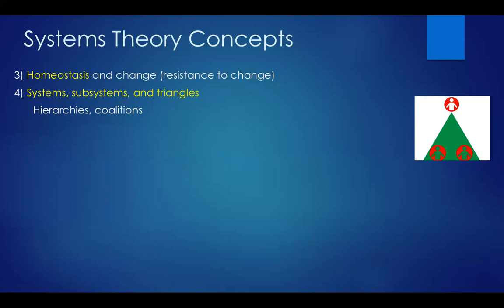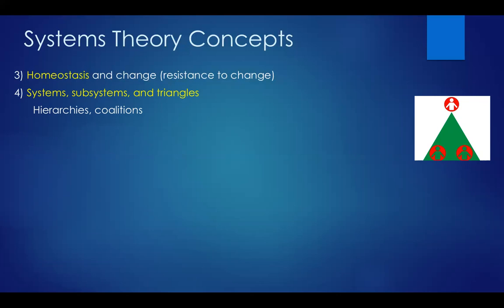But other subsystems can develop too, by gender. So maybe the women are getting up on the men, and so on. So there's lots of different subsystems that can develop in coalitions. And sometimes this can result in what we call triangles. You've probably heard of love triangles, romantic triangles, where this is often a trope in movies.